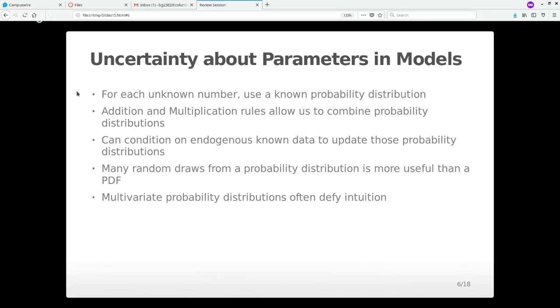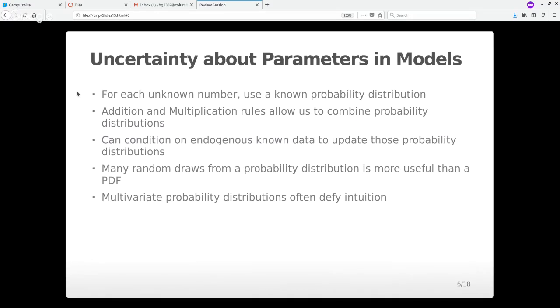And then we can obviously use Bayes' rule to condition on exogenous but known data to then get updated distributions of our beliefs about all of the parameters that we initially specified a prior distribution on.